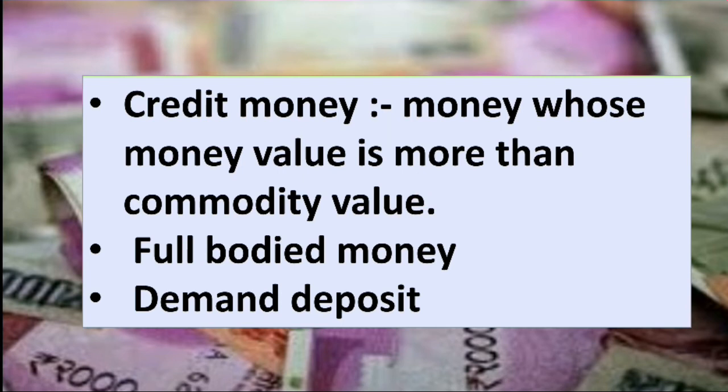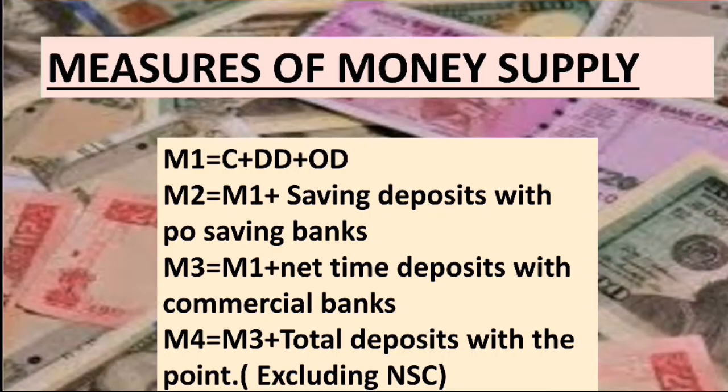Okay, that money can buy anything for us, but it is not of any use on its own, right? So credit money is that whose money value is higher than the commodity value. Full bodied money is that whose money value is equal to the commodity value. And demand deposit, you already know, those deposits with a bank against which we can issue a check and we can get them in return.